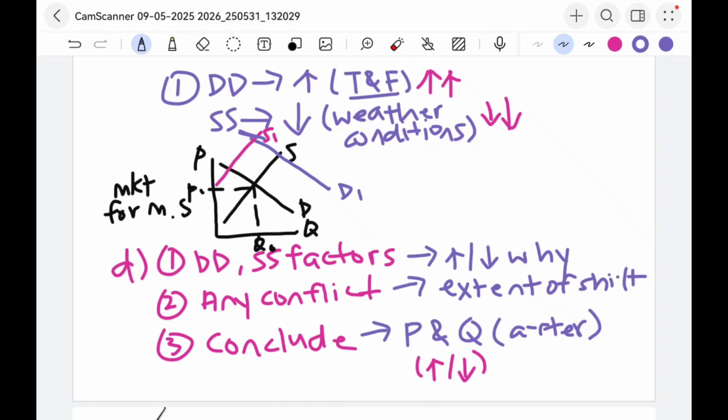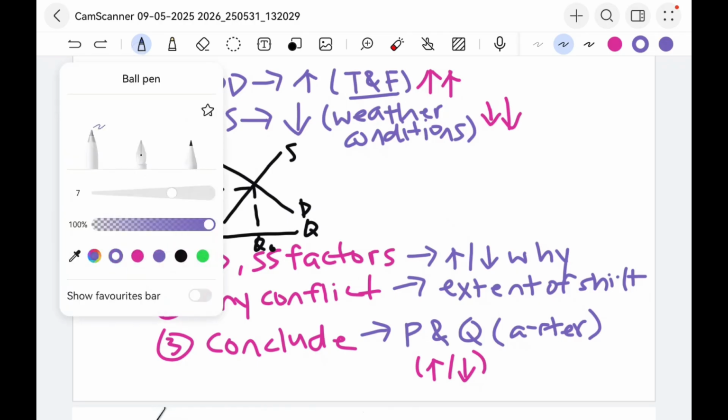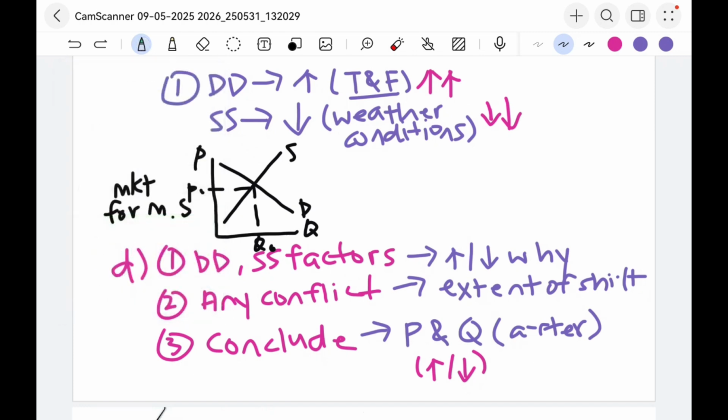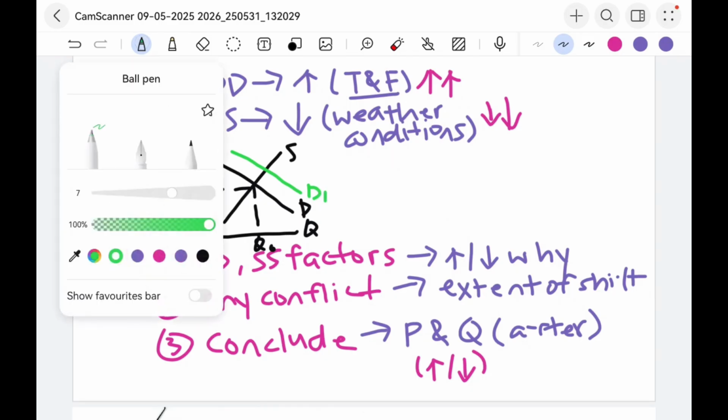So I would think that here you can define the extent of shift. In this case, I would like to say the supply shifts more than demand, because although the marketing efforts are quite high, you need time to change people's mindset. So I still say my demand increases, but it increases at a slower rate than the supply shift.